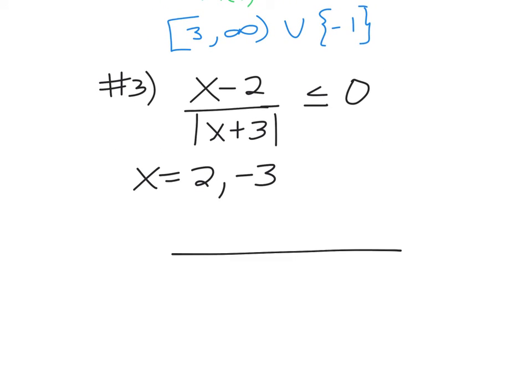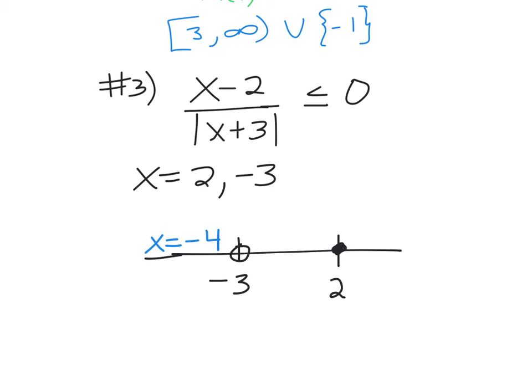So when I make my sign chart, I'm going to go to negative 3, and put an open circle on negative 3 to remind myself not to have that in any of my answers. And then 2 is a 0, so we'll color that in. Let's pick some numbers. I'll probably choose x equals negative 4.